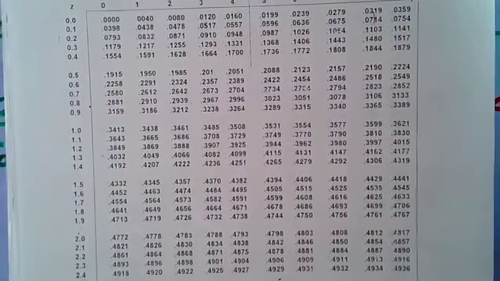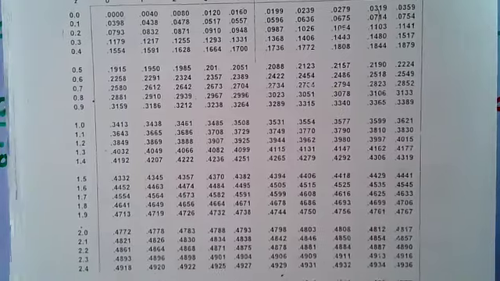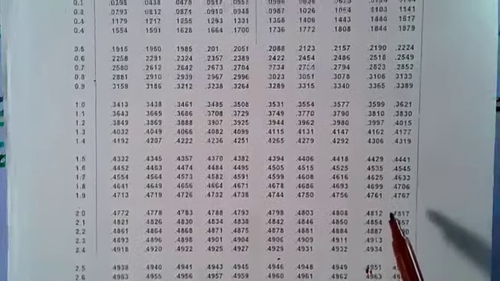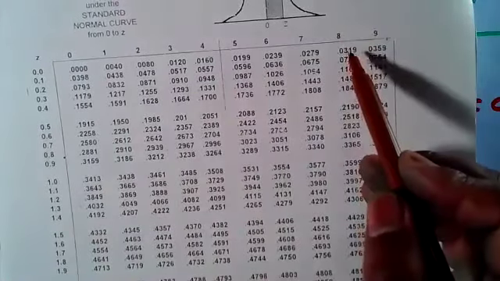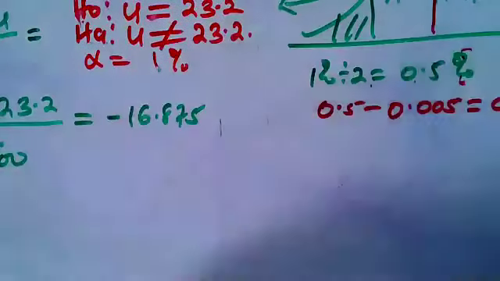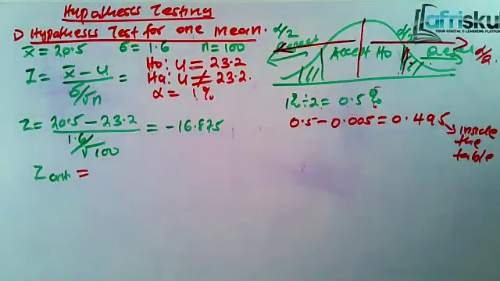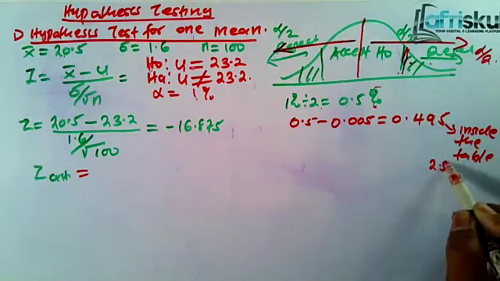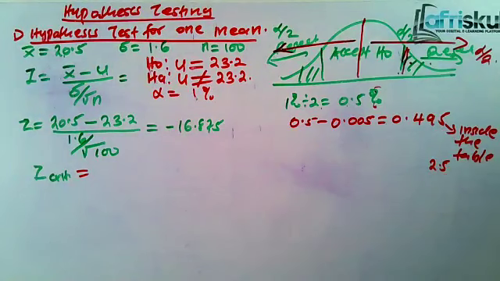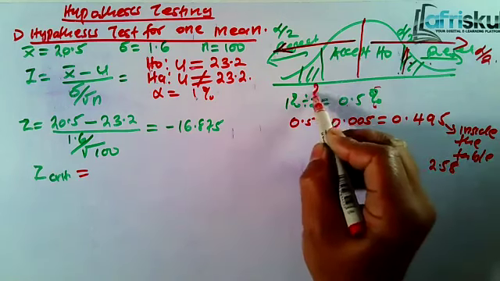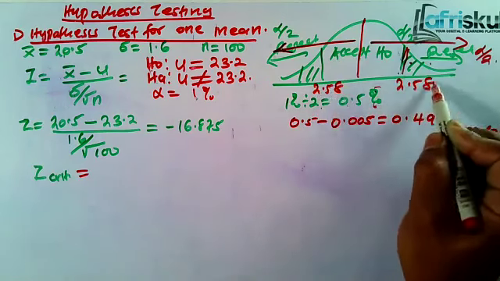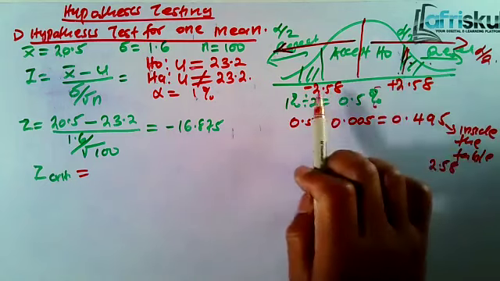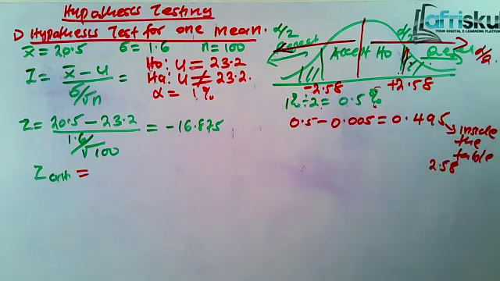So we have seen our Z is 2.58. This is 2.58, and this is 2.58. The only difference is that this one is positive and this one is negative. Positive, negative.